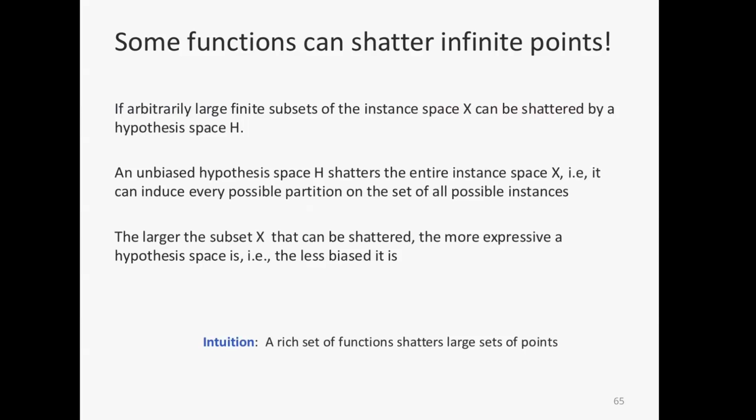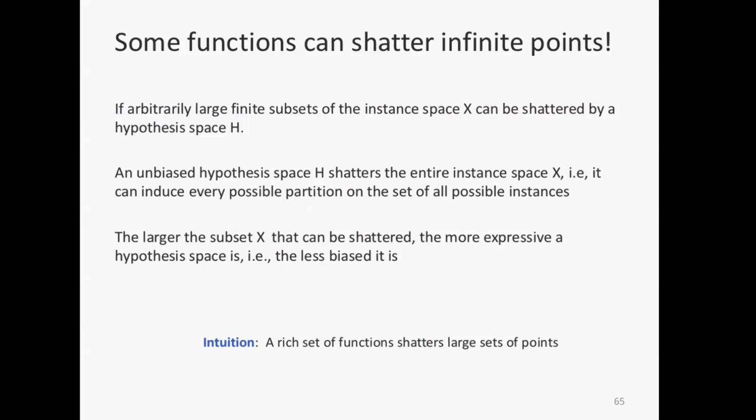It does not have any assumptions that these kinds of labelings are not allowed. This is just a technical detail. We're not going to do much with this observation yet. That's pretty much most of what I have to say about shattering.